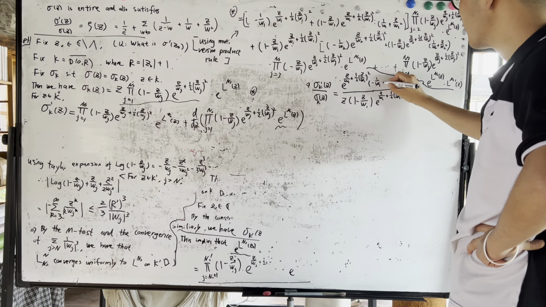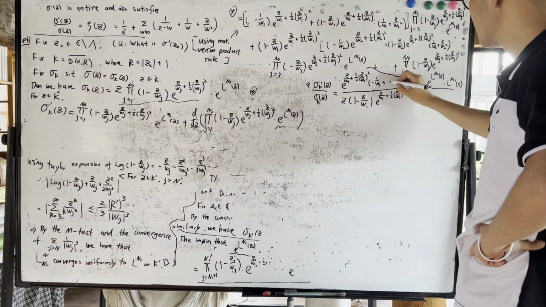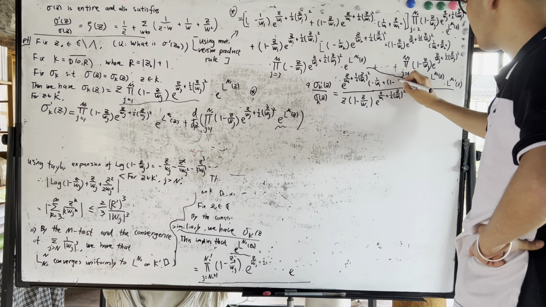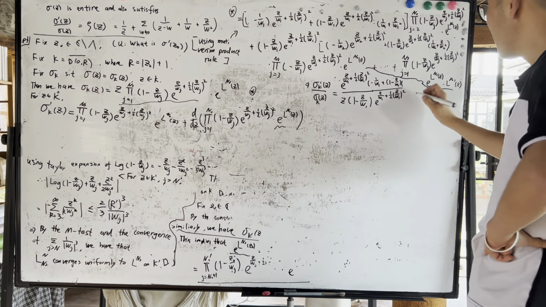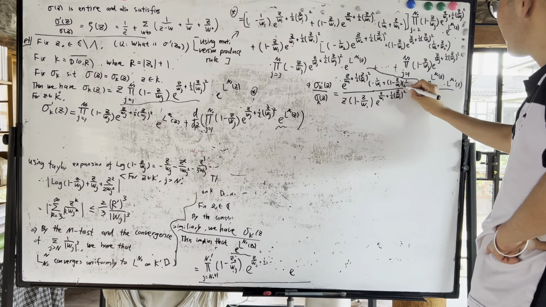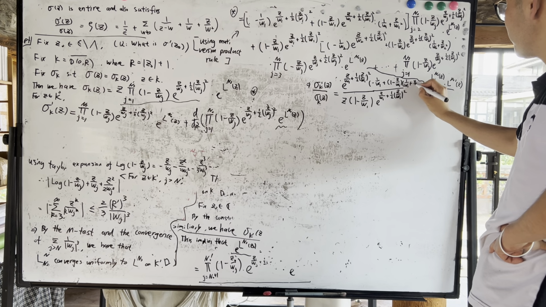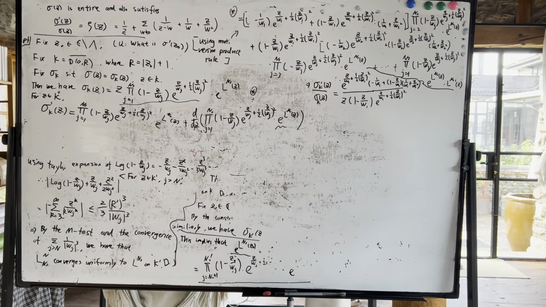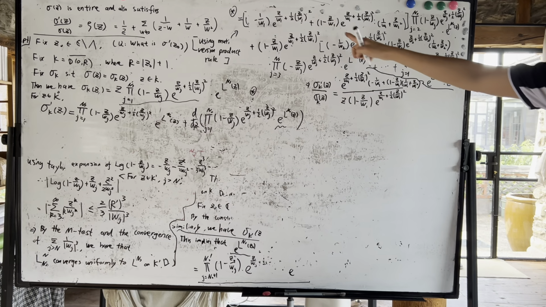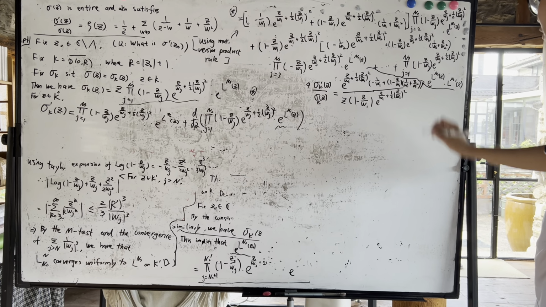Then plus, for the second one, I get 1 minus z over omega 1 times 1 over omega 1 plus z over omega 1 squared. I'm just copying this one here and this one here. Then close bracket.